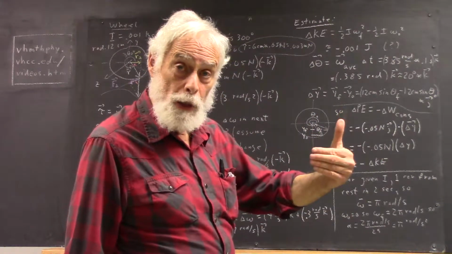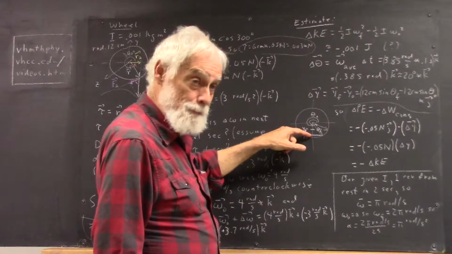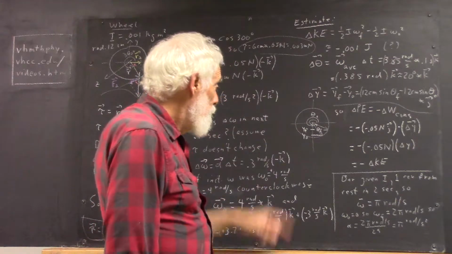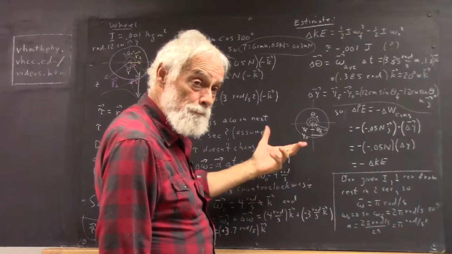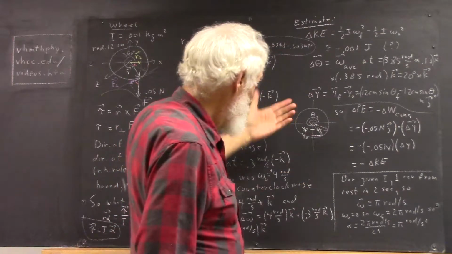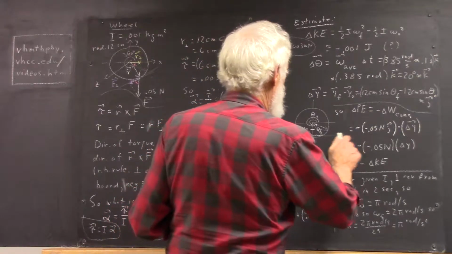What's the change in y? Well, right here is your initial value of y, which is your vertical position, and right here is your final value of y. These are just the projections; you don't even have to think of it as a projection.